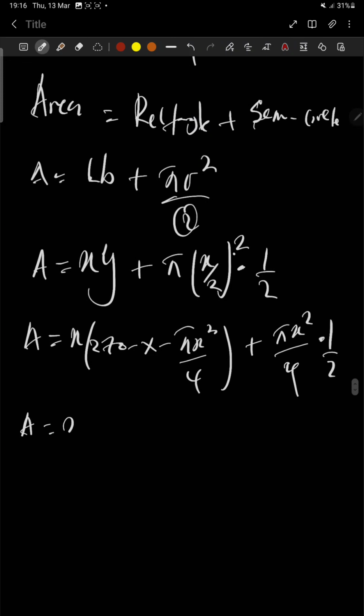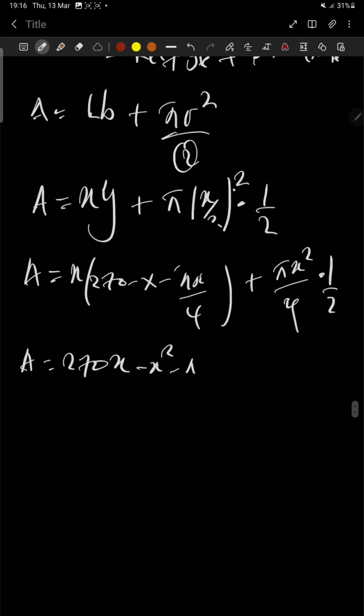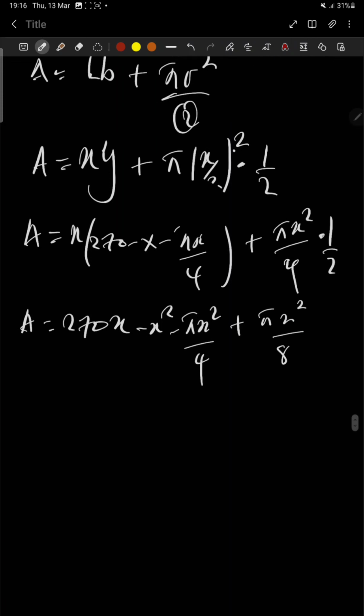So my area will be 270x minus pi minus x squared, right? No, this is not 2 here. Minus pi x squared over 4, okay, plus pi x squared over 8.